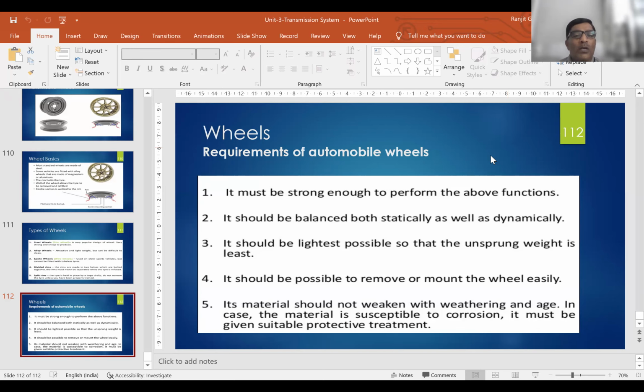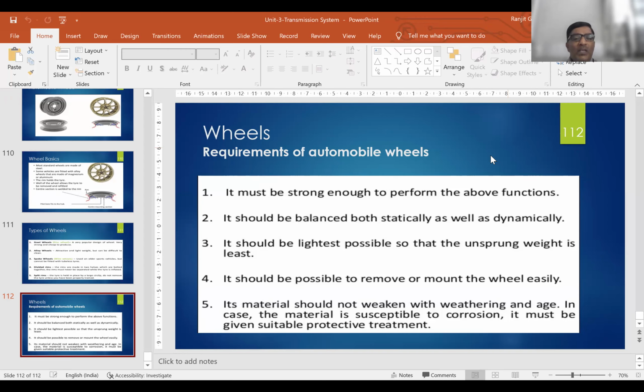It is also required to facilitate straight ahead recovery after completing the turns. So once the turn is completed, the steering automatically steers, or the wheel rotates in the opposite direction, and it will have recovery after completing a turn.